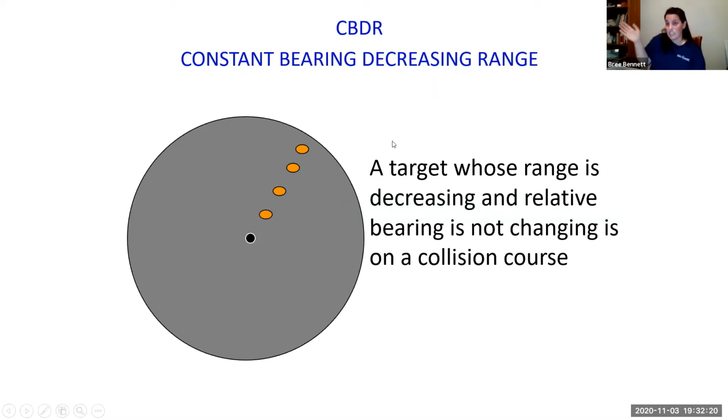If something isn't changing bearing and it's getting closer and closer, there can be a collision. If its bearing is constantly changing one way or another, then there is no risk of collision. So constant bearing, decreasing range is where we get that risk of collision.